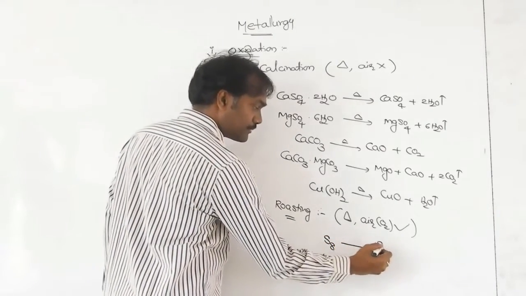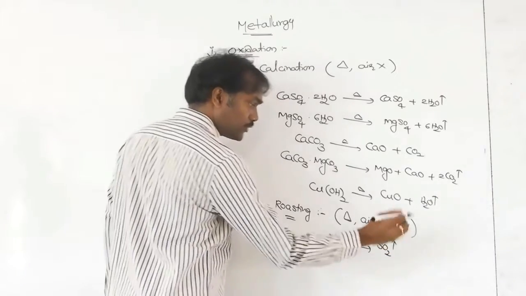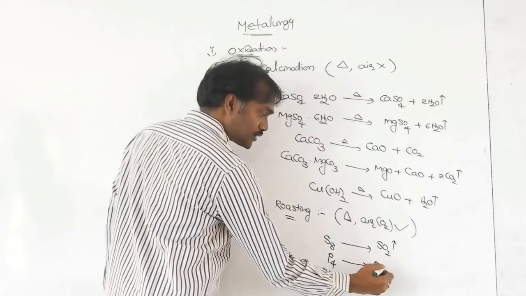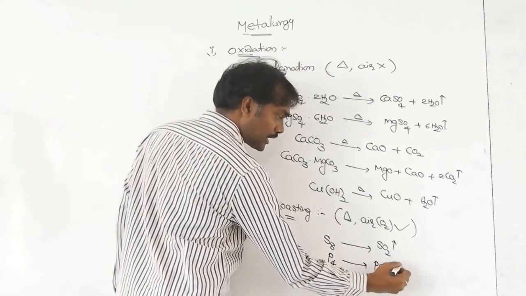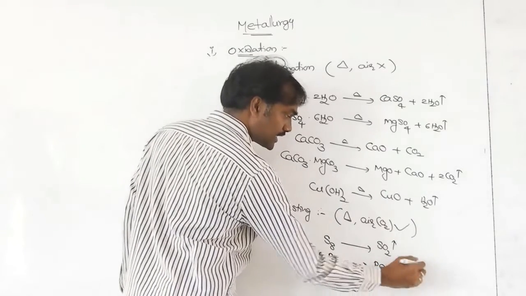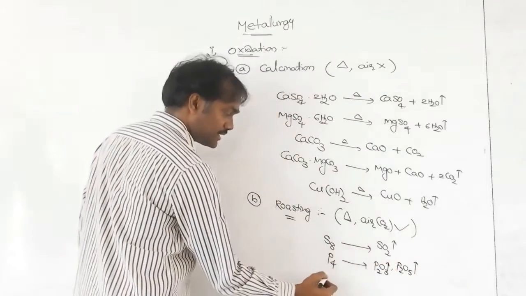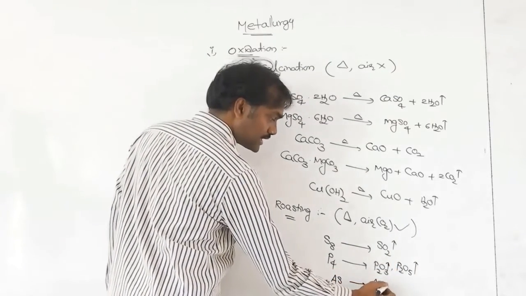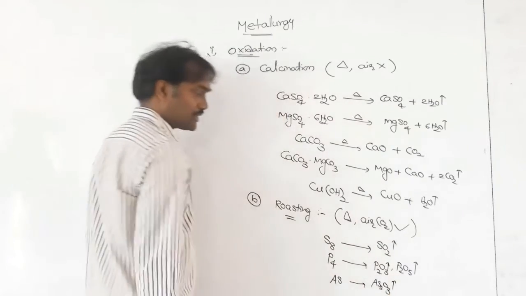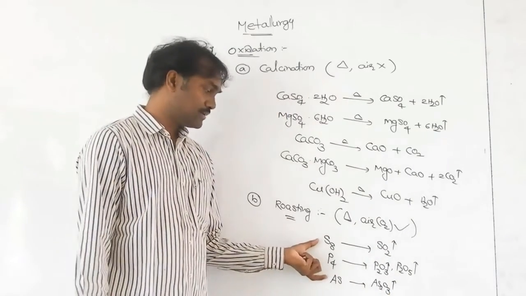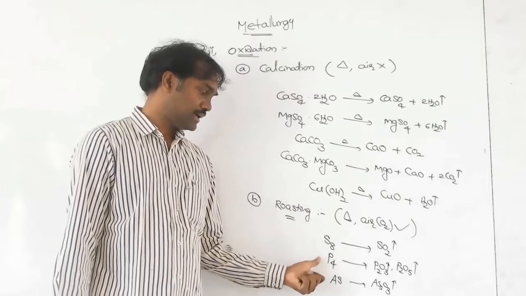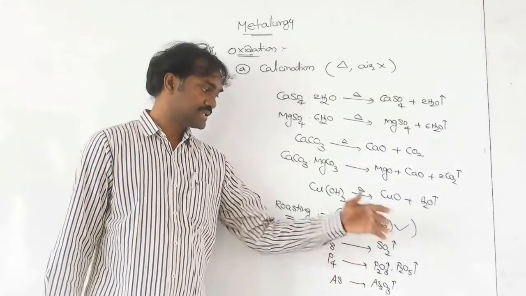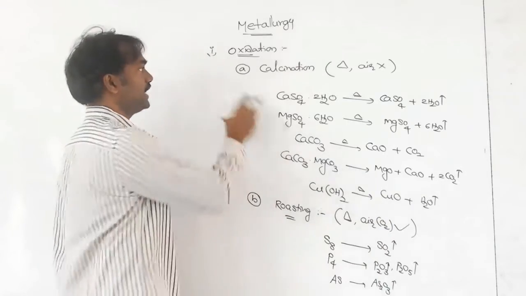It becomes SO2 gas and goes outside. If phosphorus is there, that is P2O3 or P2O5, and those gases go outside. Suppose arsenic is there, so arsenic oxides. So the non-metallic volatile impurities are easily oxidized and they go outside.